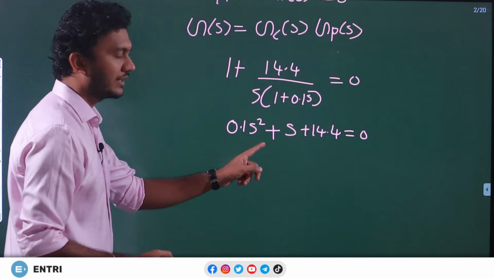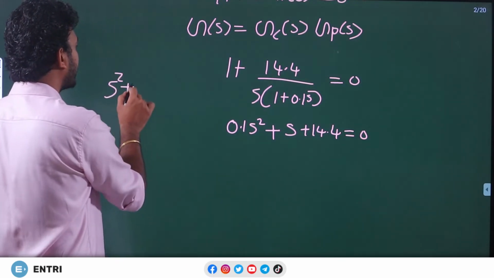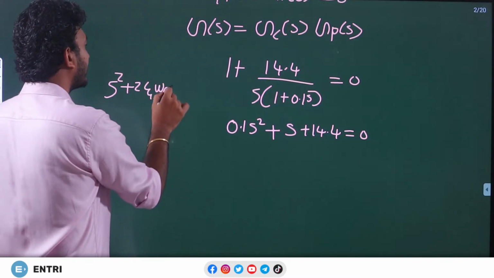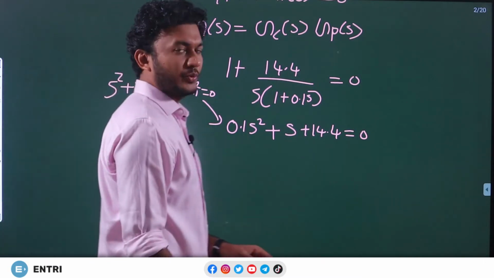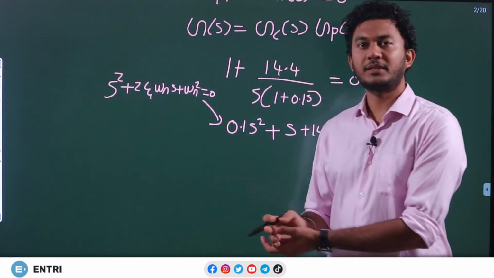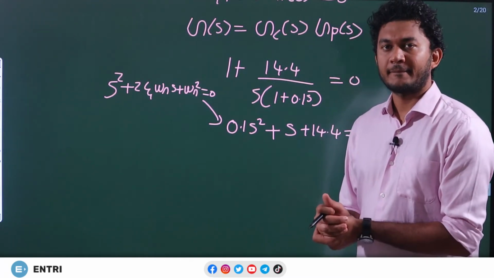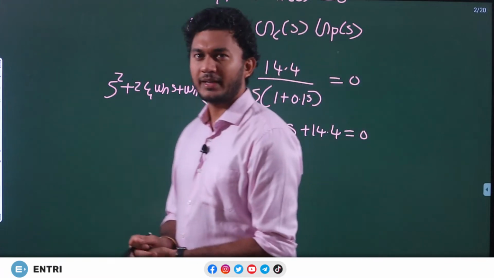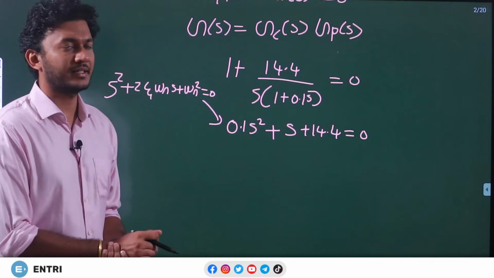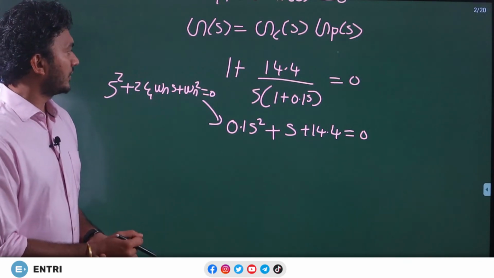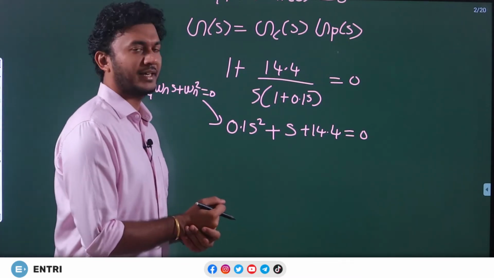So, this is not your standard equation, because I told you that the standard second order characteristic equation is s square plus 2 zeta omega n s plus omega n square. Do you remember, I told you that you have to remember this. While we solve so many problems, more than 50 types of problems we have seen, we will be continuously saying s square plus 2 zeta omega n s plus omega n square.